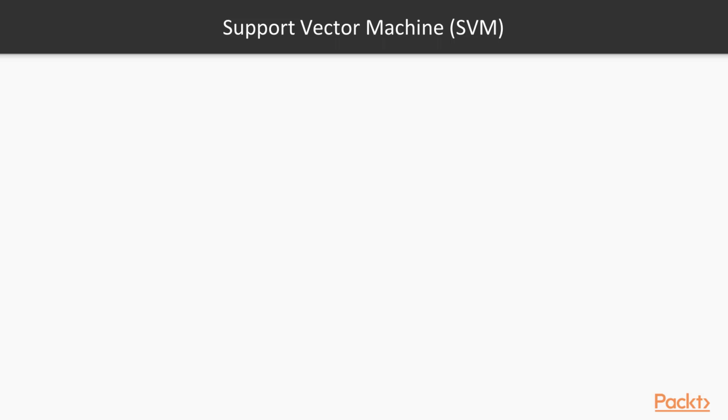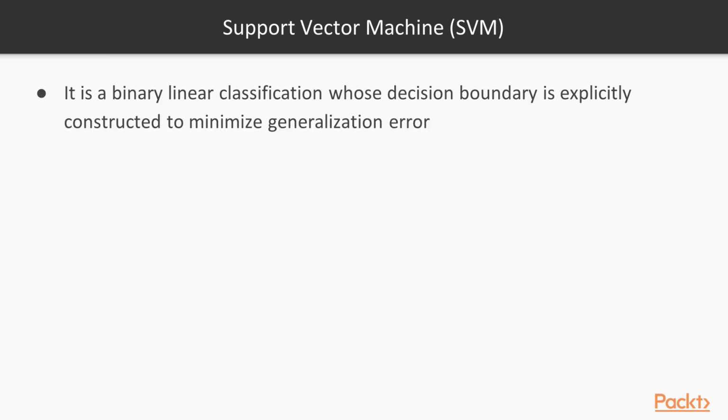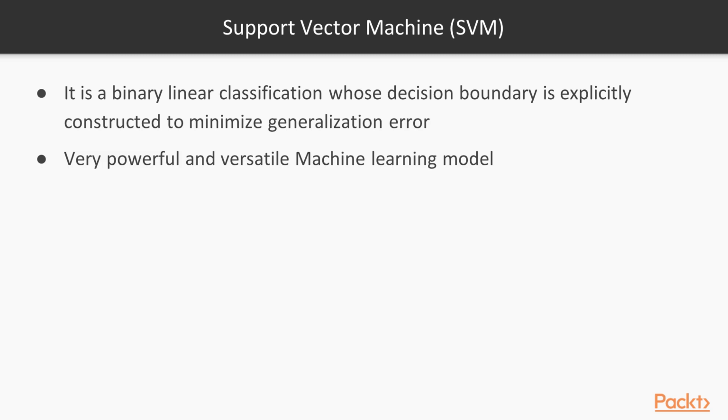So before we move forward, let's look at what a support vector machine is. It is a binary linear classification whose decision boundary is explicitly constructed to minimize generalization error. It is a very powerful and versatile ML model. It is capable of performing linear or nonlinear classification, regression, and even outlier detection.